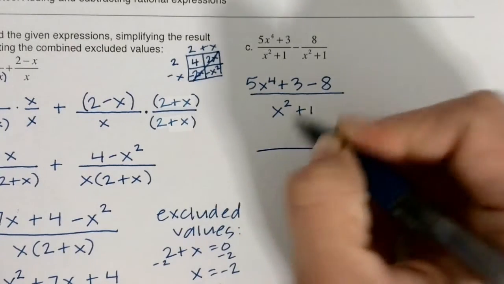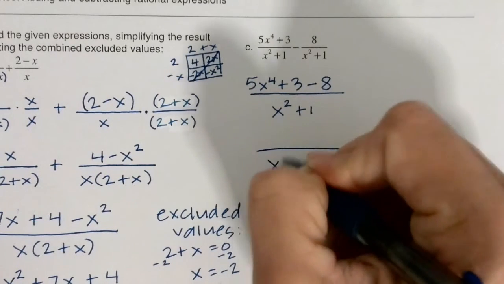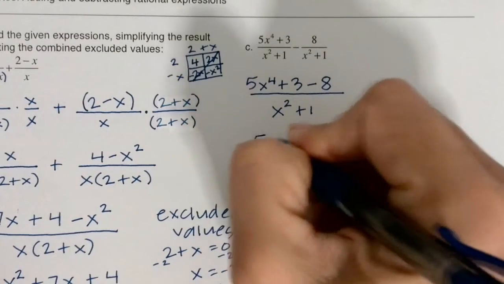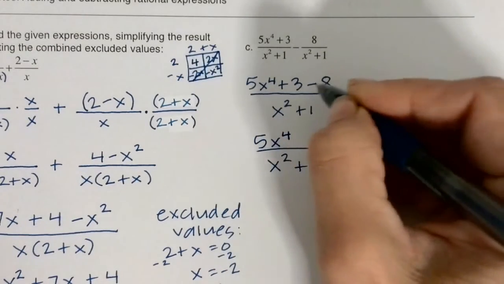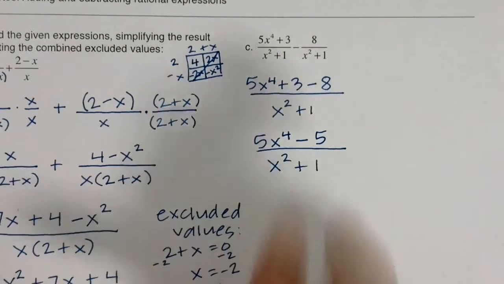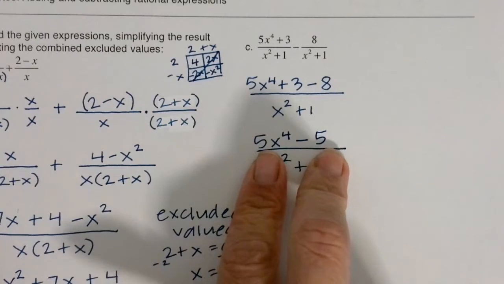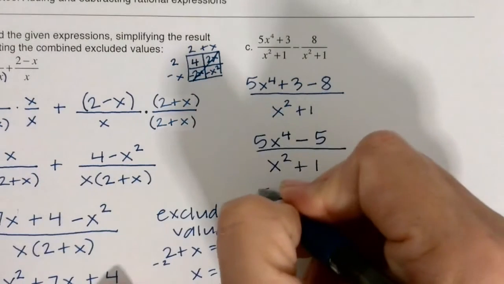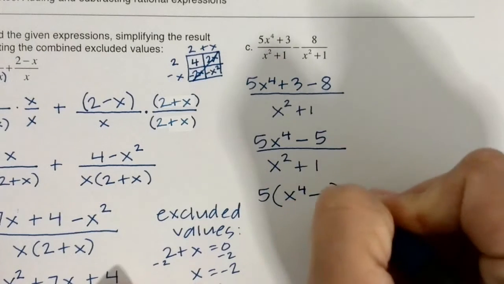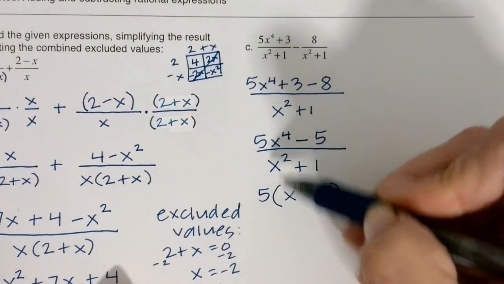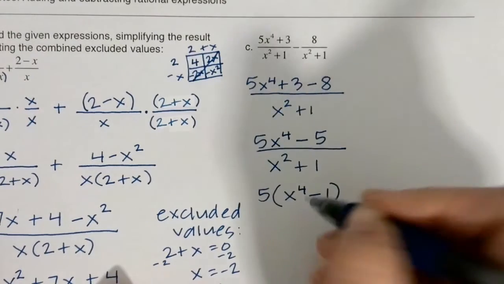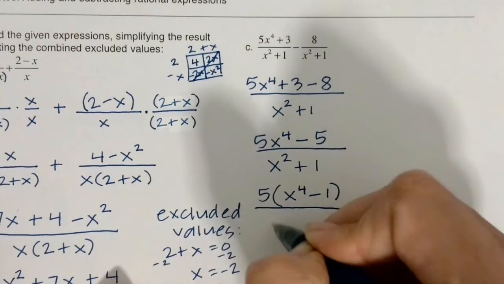So we have x squared plus 1. And then here we have 5x to the 4th, and 3 minus 8 is 5. Oh, do you guys see what I see? We have something in common in the numerator. So we're going to hockey stick that out. 5x to the 4th divided by 5 is x to the 4th, and negative 5 divided by 5 is negative 1.